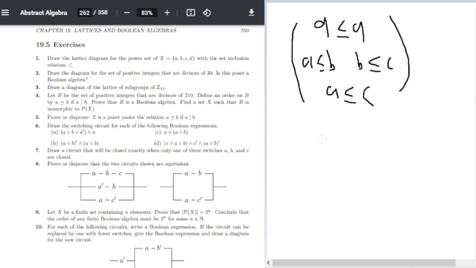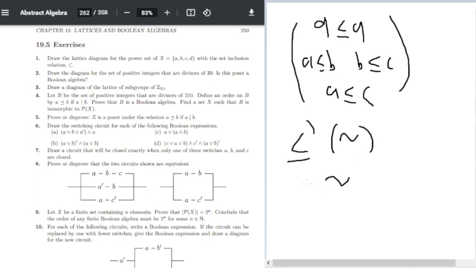This is a relation. We can define a relation lambda prime on the set of equivalence classes of A. What's an equivalence class of A?